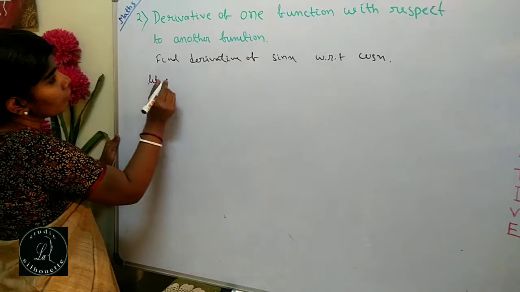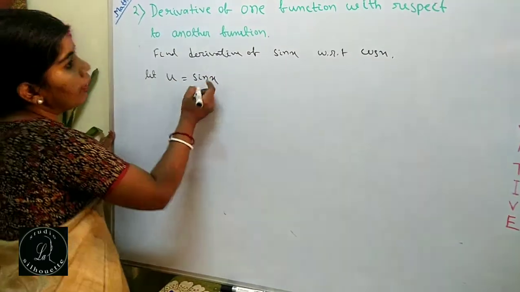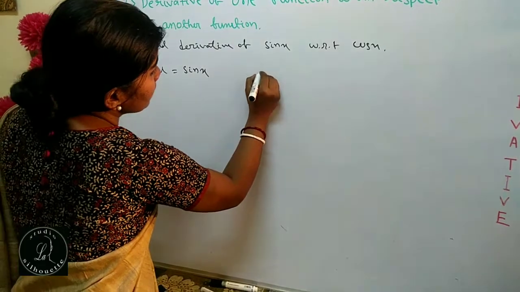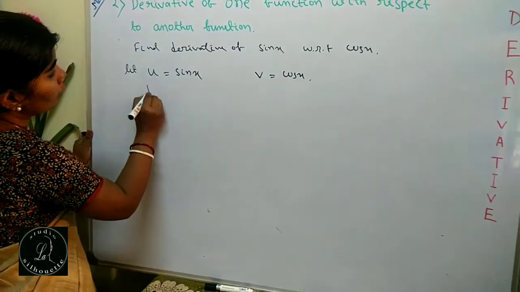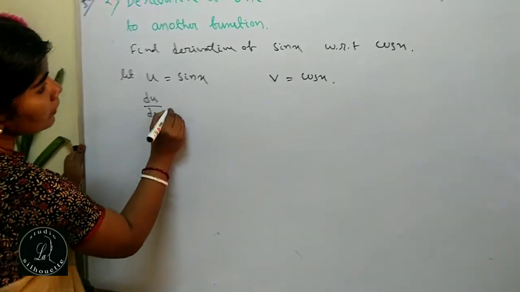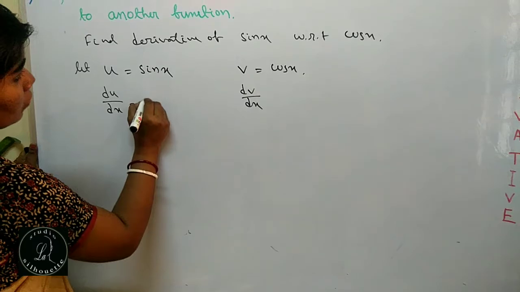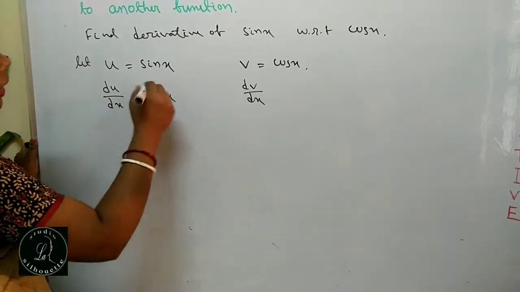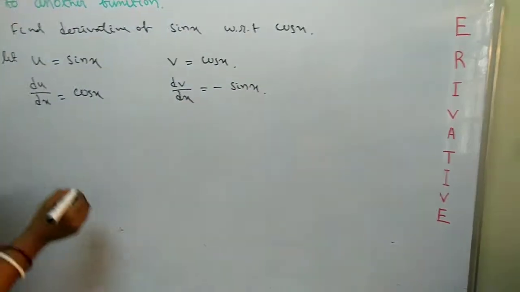We will assume sin x as u and cos x as v. Separately, we will find du/dx and dv/dx. du/dx equal to cos x and dv/dx equal to minus sin x.